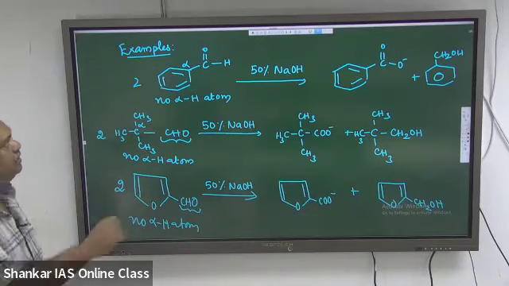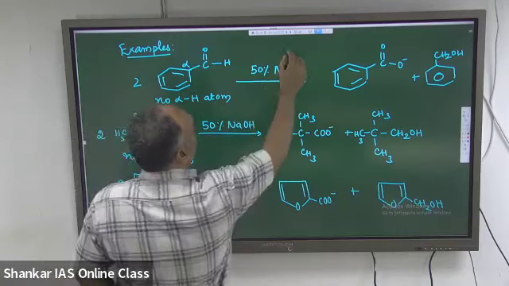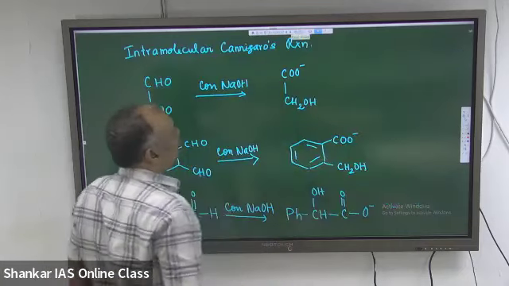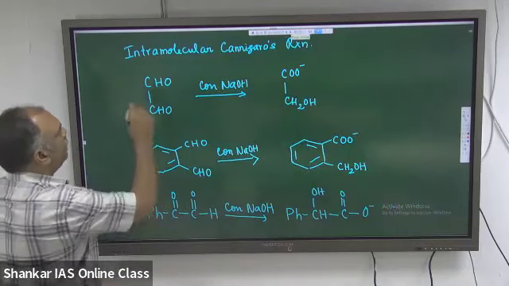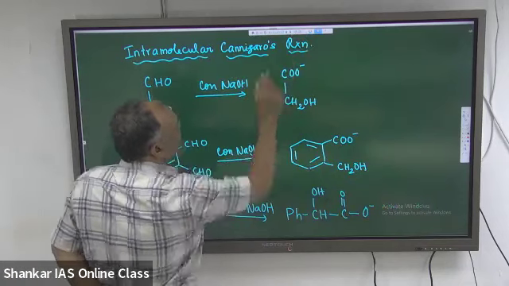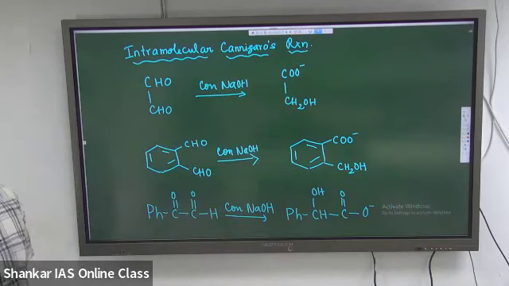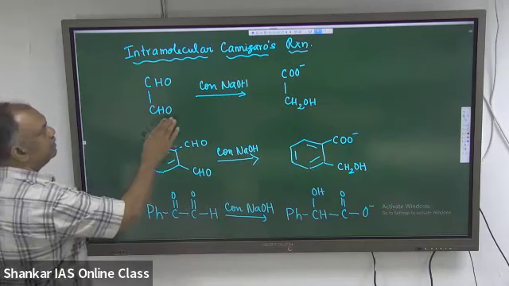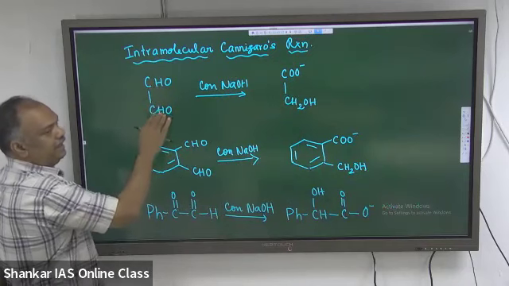However, in Cannizzaro reaction, there are other variants also. We'll see what they are. This is an example of intramolecular Cannizzaro reaction. It is happening within the molecule itself. This molecule contains two aldehydes.